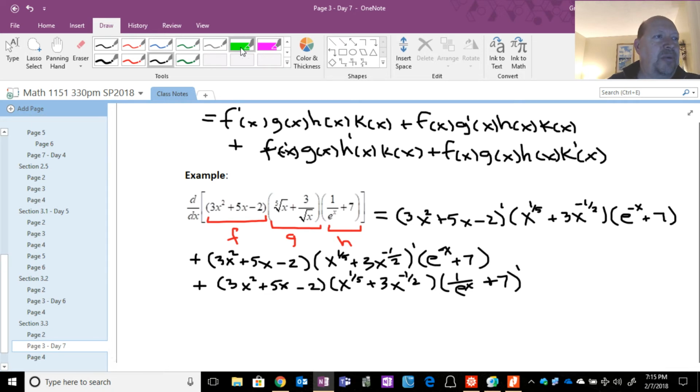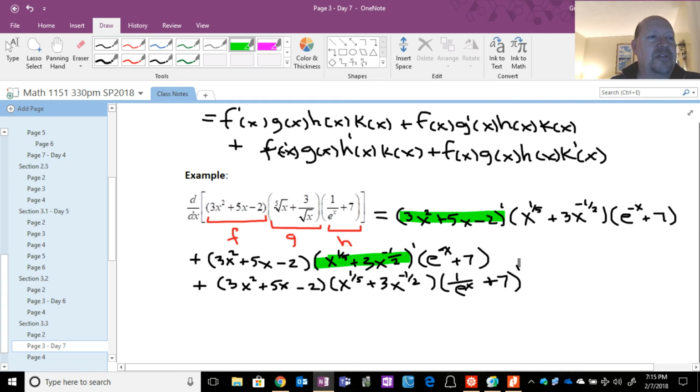These would have to be expanded out. For example, we'd have to take the derivative of this, and once you figure that out, multiply it by these two terms, and then once you get the result of that, multiply it by these two terms, and so on. And that would give you that part, and then you'd have to add on to that the derivative of this factor, and then multiply that by one of these other two factors, and then take the result of that and multiply it by these terms.